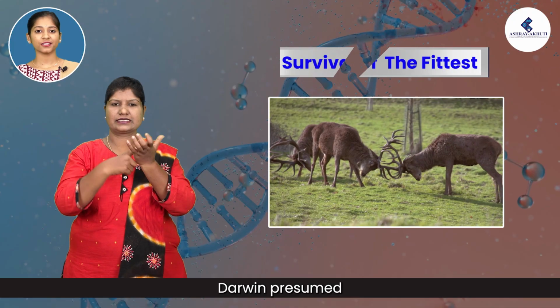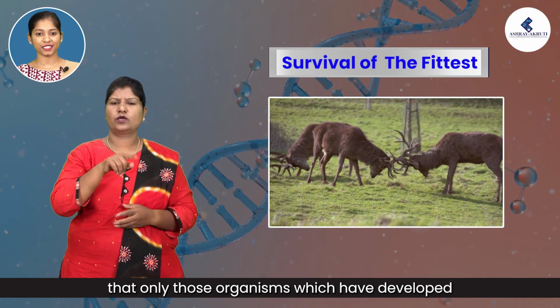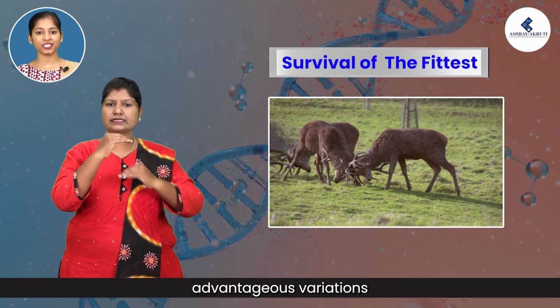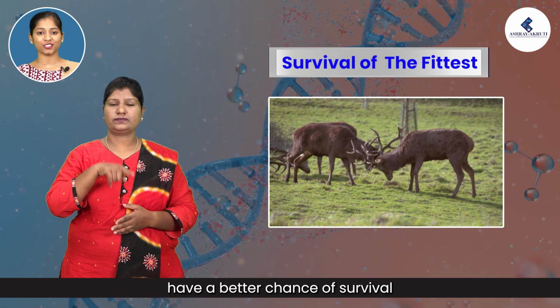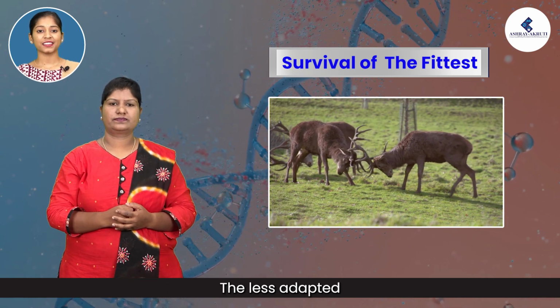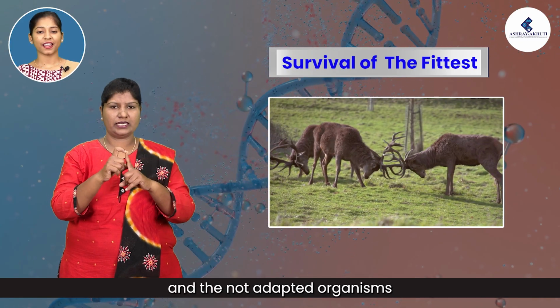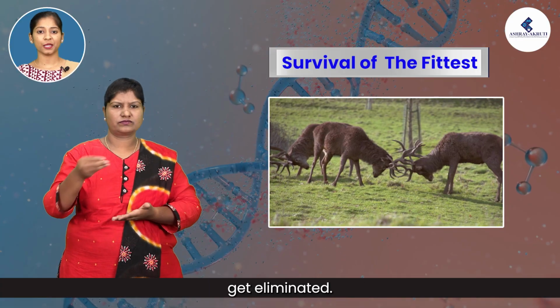Darwin presumed that only those organisms which have developed advantageous variations have a better chance of survival. The less adapted and the not adapted organisms get eliminated.